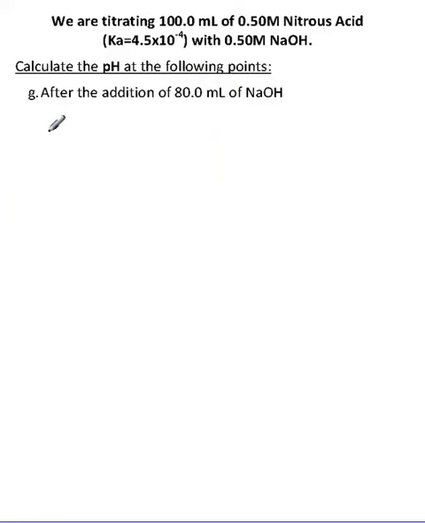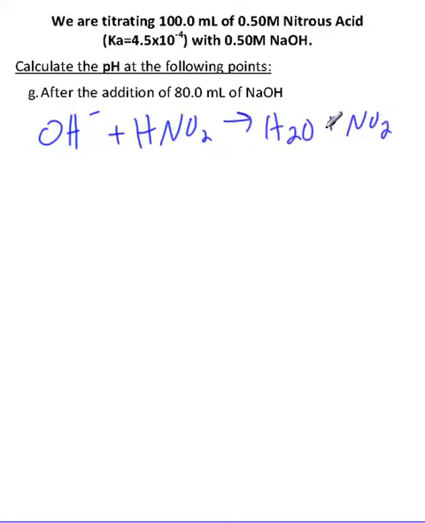Looking at the ICE table for this same problem, I'm going to have OH minus ions plus HNO2, and they're going to make water plus an NO2 minus ion. We just calculated on the last page, we're going to have 0.040 moles of OH, just like every other time, 0.050 moles of HNO2.